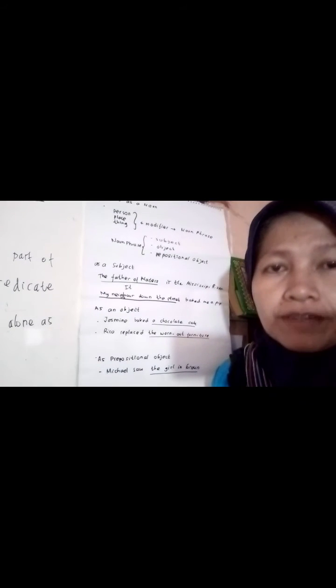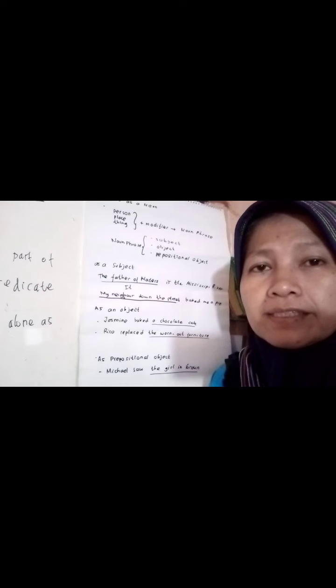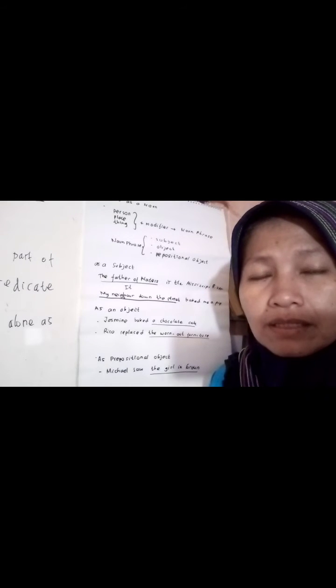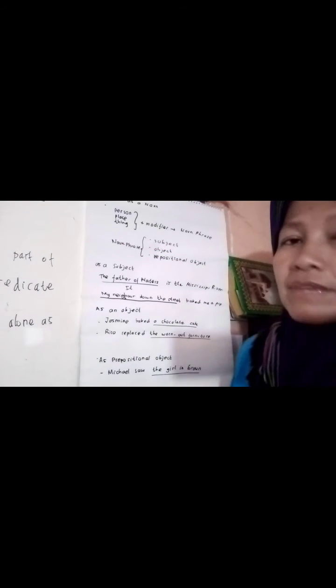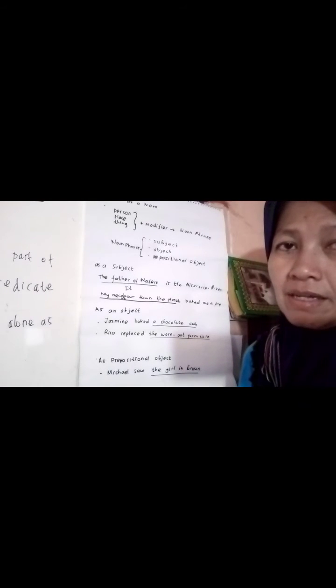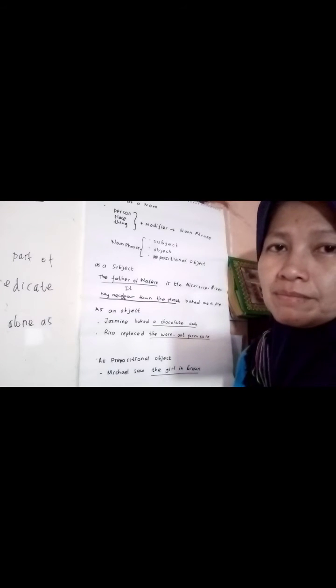Alright. The first phrase that I will explain is noun phrase. A noun phrase basically acts like a noun. It does have a function. The function can be a subject, an object, or a prepositional object. When a noun phrase consists of a person, place, or thing plus a modifier, then we form a noun phrase.